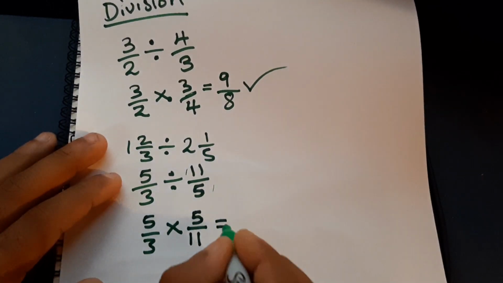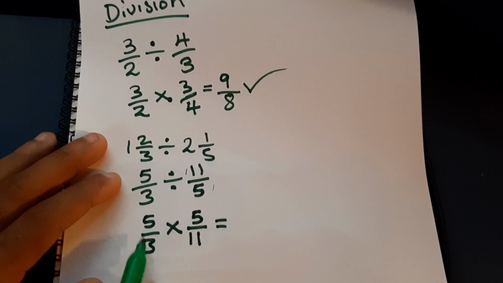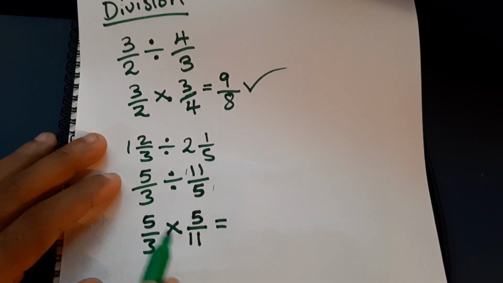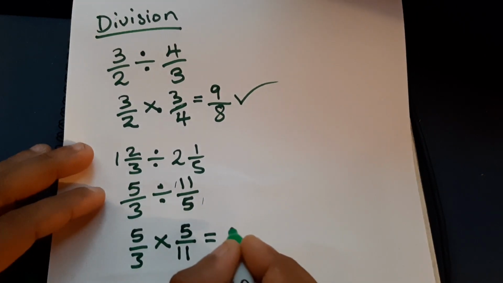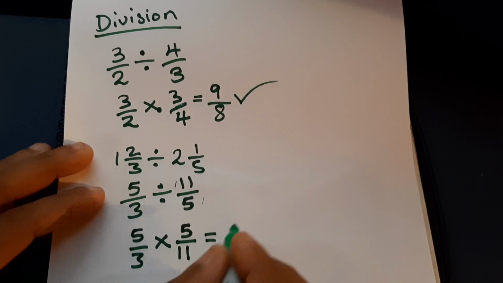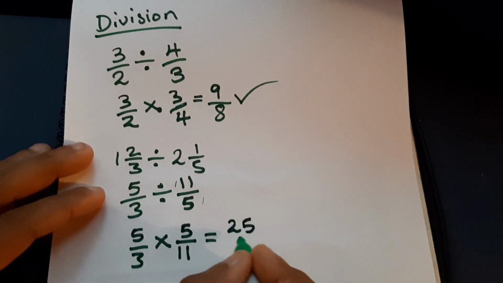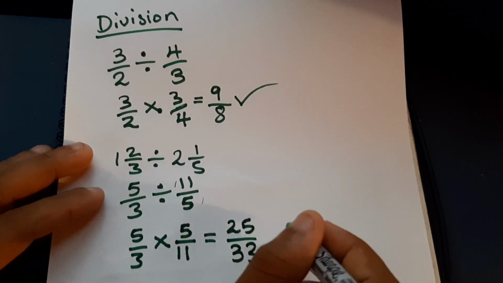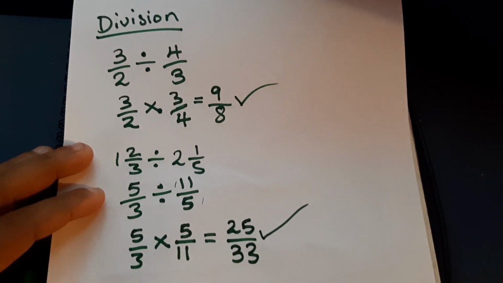Now check to see if anything can be cancelled. We check vertically first, then we check the diagonals afterwards. So we would have what? Cannot cancel anything. So we just multiply numerator with numerator, so that's 25, and denominator with denominator, that's going to give us 33, and that's a proper fraction. So that would be our answer.